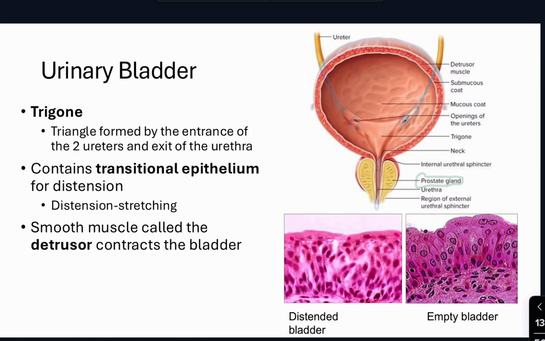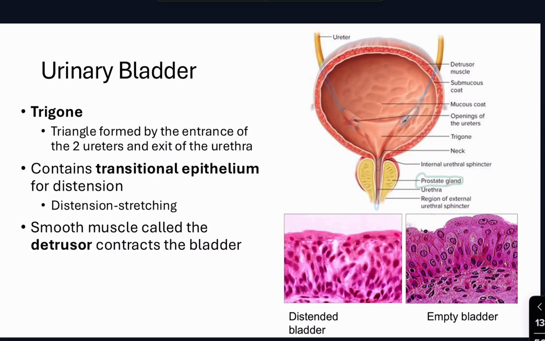But if we look over here, for example, on the bottom right-hand corner, we can see that in an empty bladder, we have these little dome-shaped epithelia on the top, right? They look a little bit more like domes, right? And that's in an empty bladder.